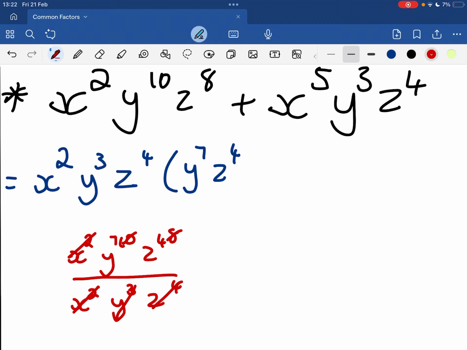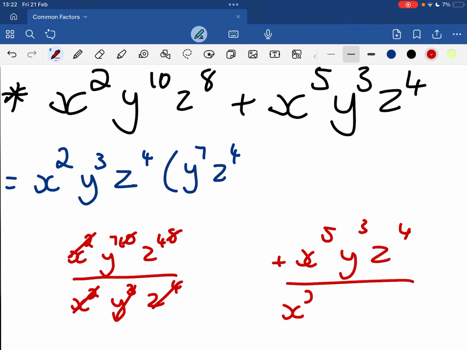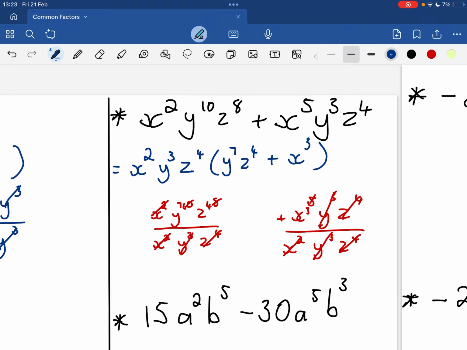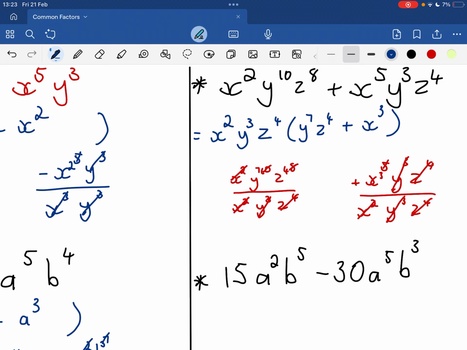What about in our second term, which is positive x to the 5, y to the 3, and z to the 4? If we divide it by the common factor x squared, y to the 3, and z to the 4, then the z to the 4's cancel away, the y to the 3's cancel away, and the x squared leaves me with x to the 3 there. And so I'm just left with positive x to the 3. And there we are, we've factorized that.